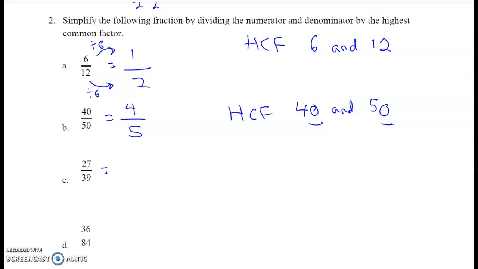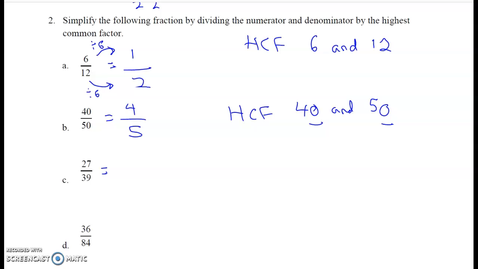This one's less easy to see. 27 and 39. Okay, so things that go into 27, well, I know that 1 does, 3 does, 9 does. Okay, what about 39? Well, there's not much that goes into 39. 1, 3, 13.